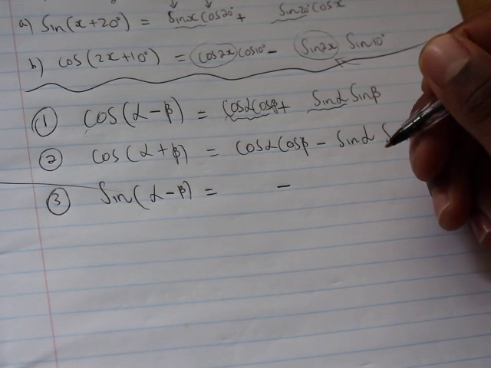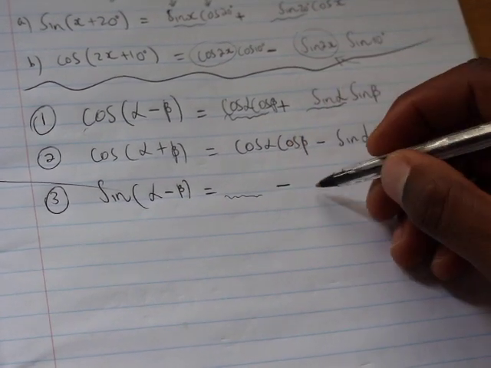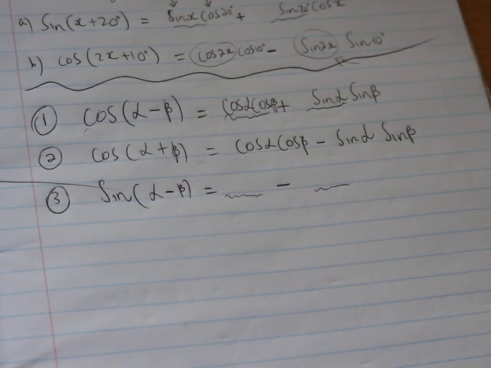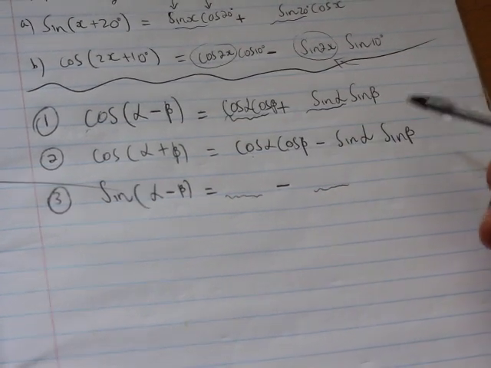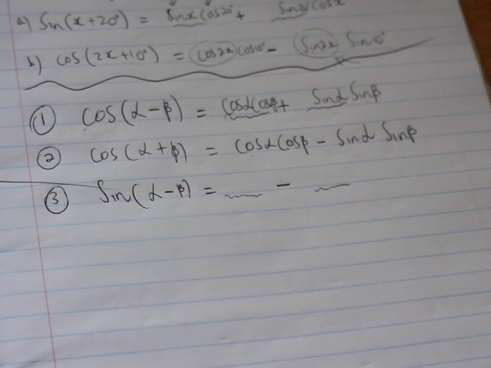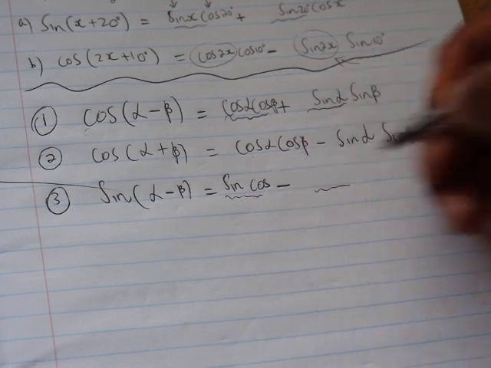So now another question is, okay, remember we're going to have a product of two trig ratios here. The question is, are we going to have the product of trig ratios that are the same or trig ratios that are different? Remember with cosine we had trig ratios that are the same. But this time around when we're dealing with sine, the trig ratios are not the same. So in other words, you're going to have sine over there and then cosine.